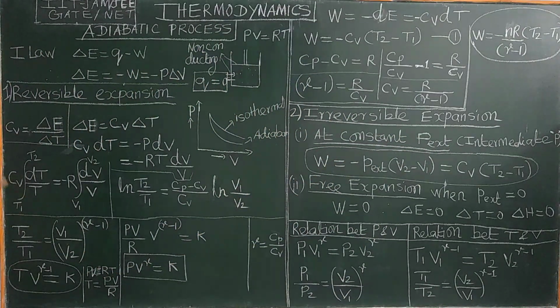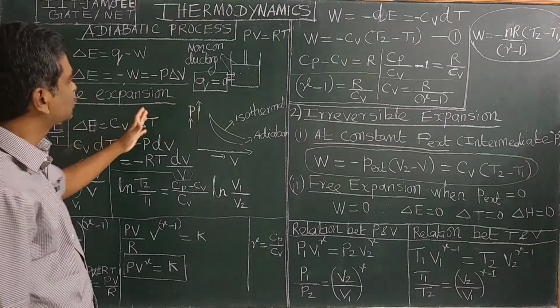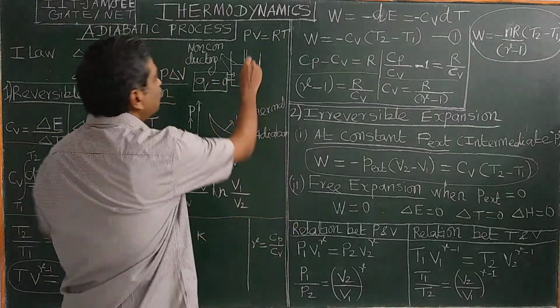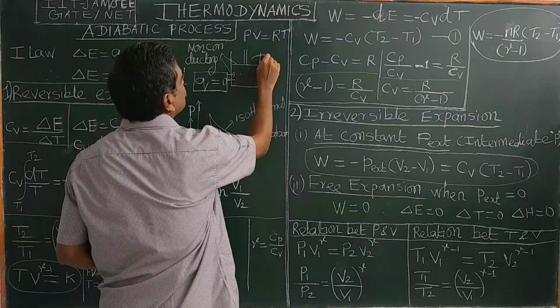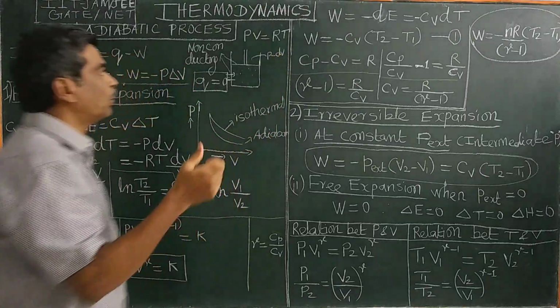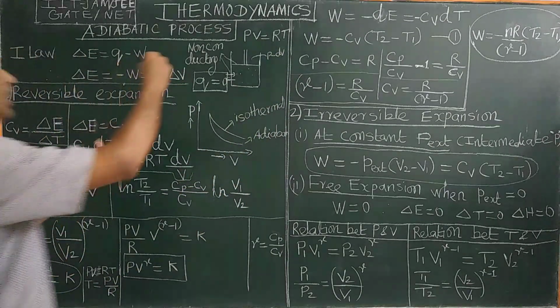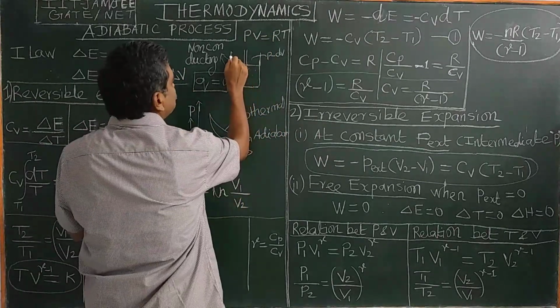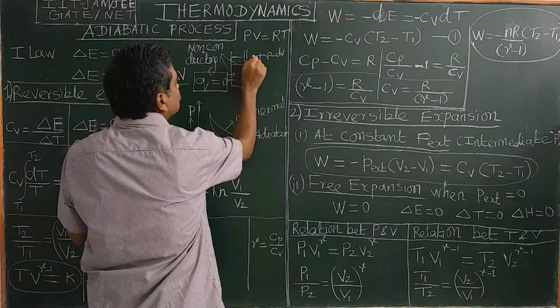So, let us first see the adiabatic reversible expansion process. Let us consider that the external pressure is decreased by an infinitesimal amount. Therefore, what will happen? The piston moves.